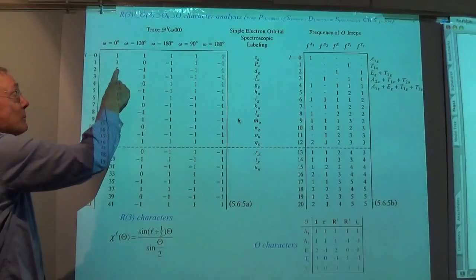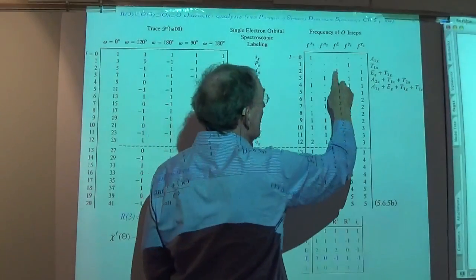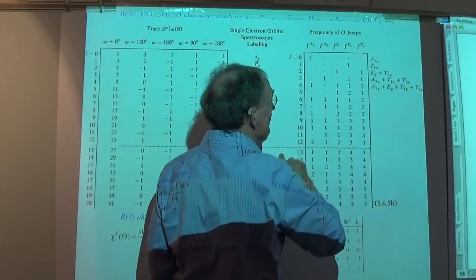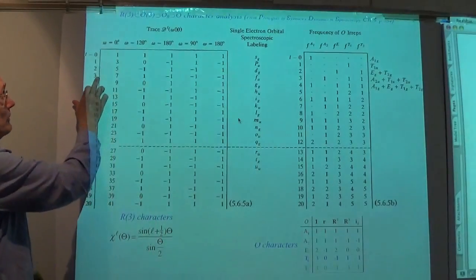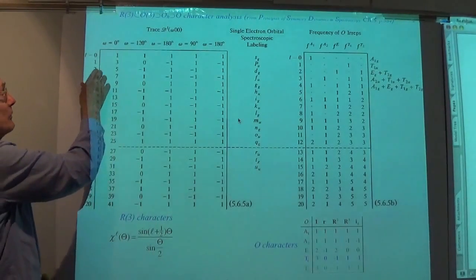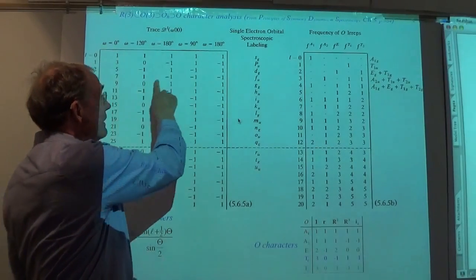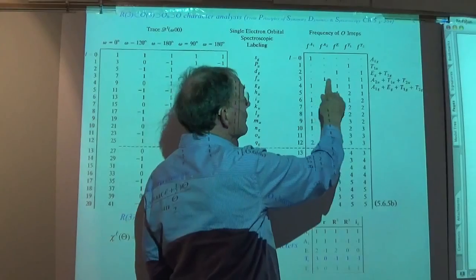But then 5 splits. 5 splits into a doublet, that's E, and a triplet, EG and T2G. Okay? Then after that, angular momentum 3, okay, that's the octupole. This was the quadrupole. The octupole split has 7 components, okay, with lots of 1s and minus 1s here, which correlate with this one.